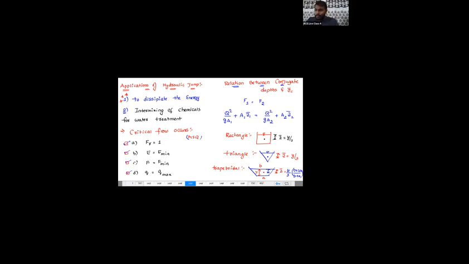Now let me take the rectangle only. Now I am doing the analysis of the rectangle, my dear. In the case of the rectangle, I mentioned Q square by g A1. In the case of the rectangle, area is B into y, and Z bar is nothing but y by 2.